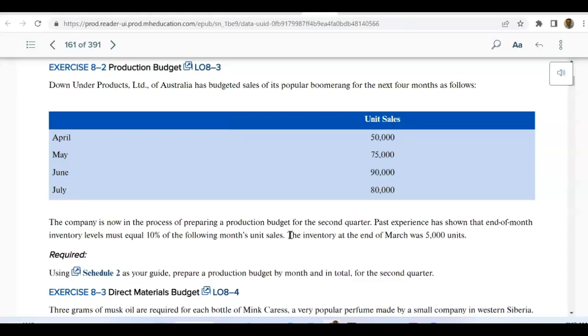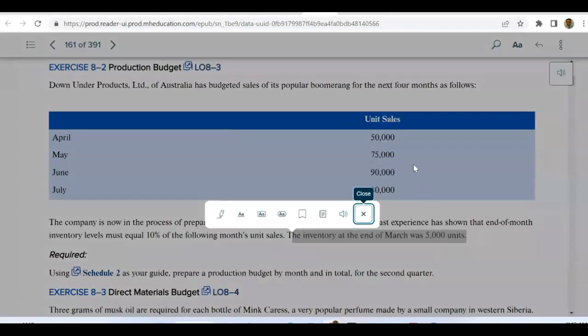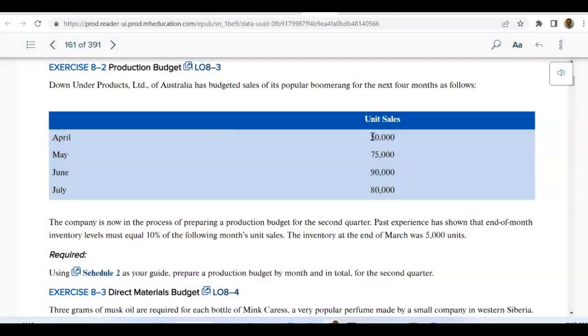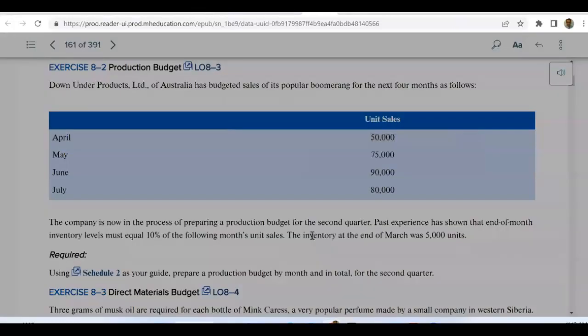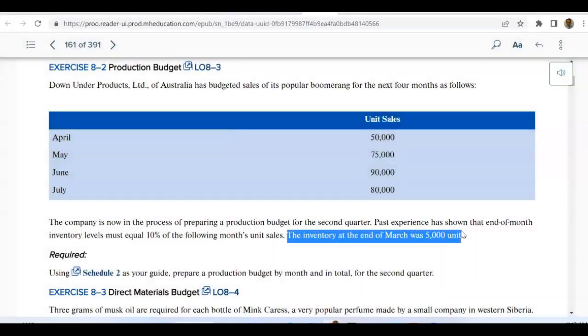You don't need someone to tell you that, because I could have easily said at the end of March, I have 5,000 units because 10% of April is 50,000 times 10%, that's 5,000. So even if this problem doesn't tell me this, I can still easily assume my March ending inventory, 5,000 units.